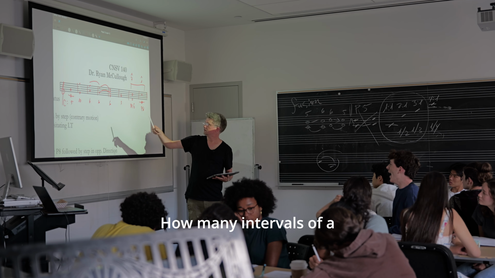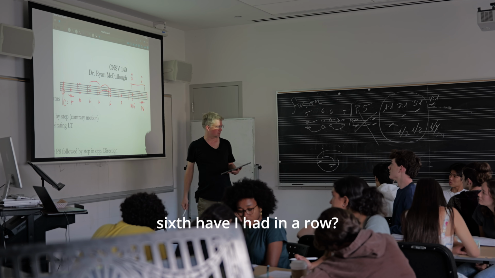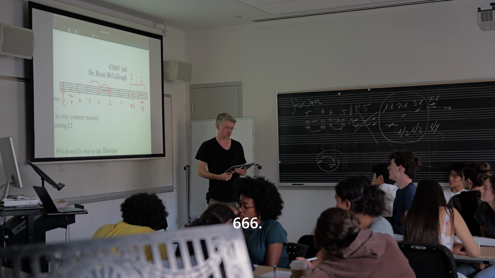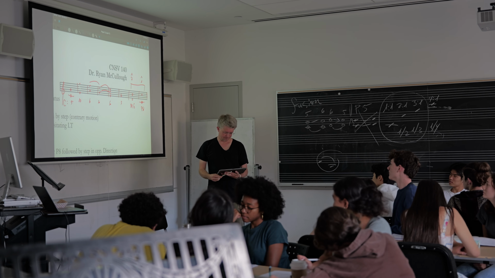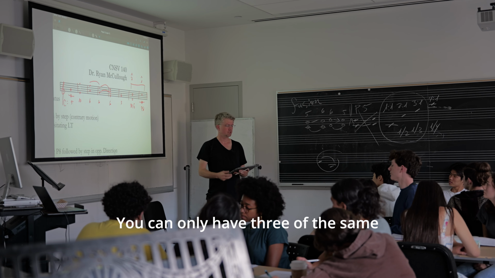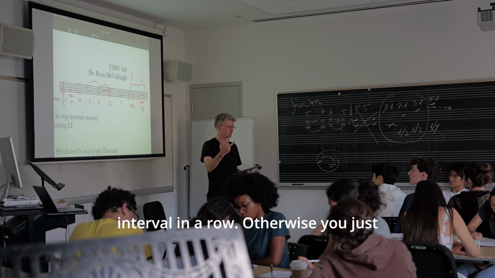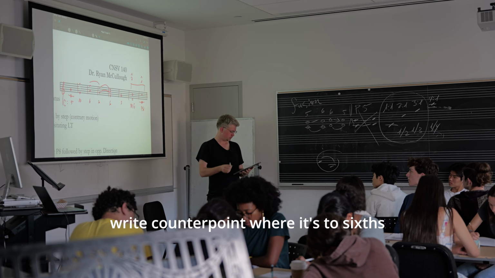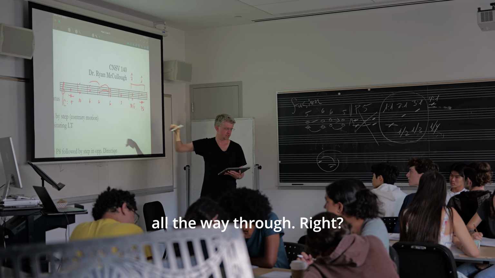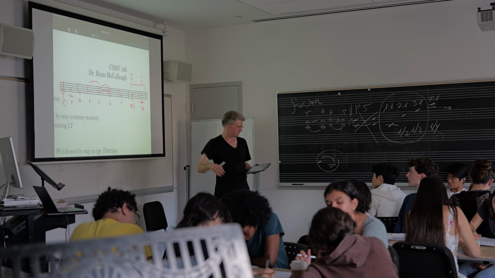How many intervals of a sixth have I had in a row? 6, 6, 6. You can only have 3 of the same interval in a row. Otherwise, you just write counterpoint where it's just sixths all the way through, right? Or thirds, easy, I'm done.